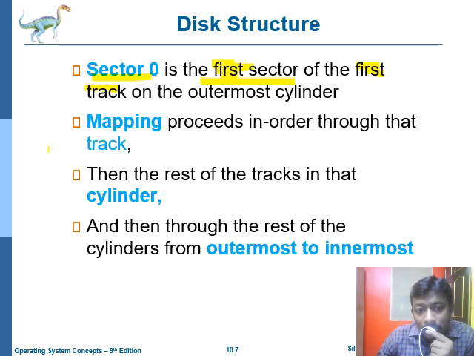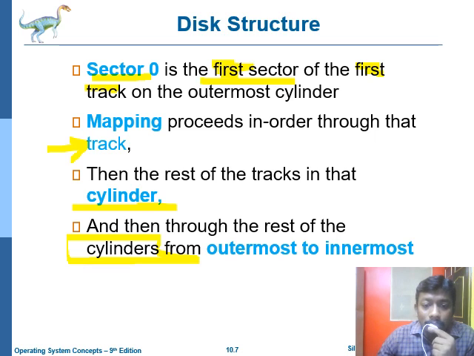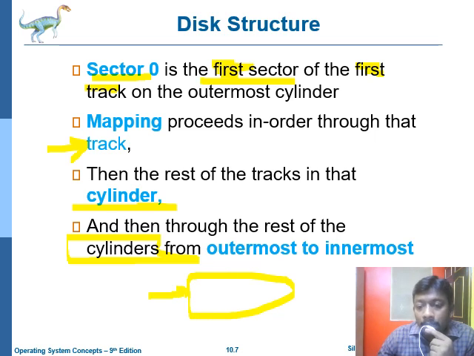First it identifies the track, then the rest of the tracks in that cylinder, checking each and every track in that particular cylinder, and then through the rest of the cylinders in the disk, from the outermost towards the innermost.